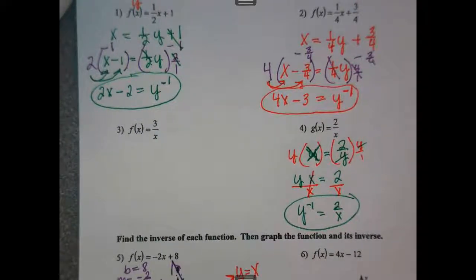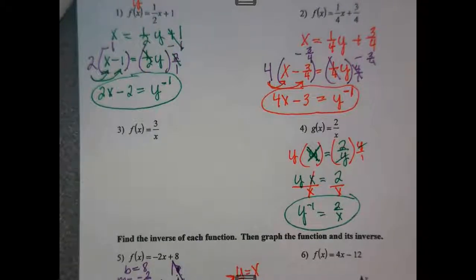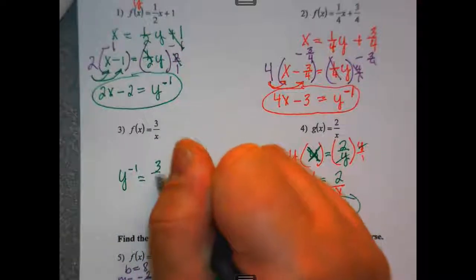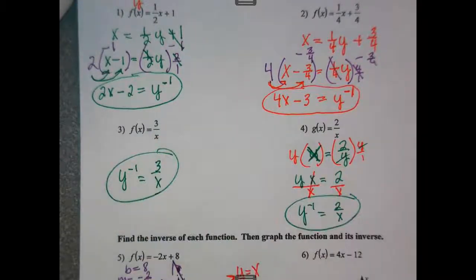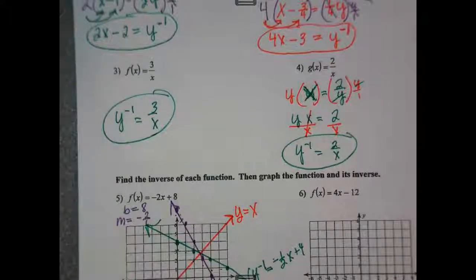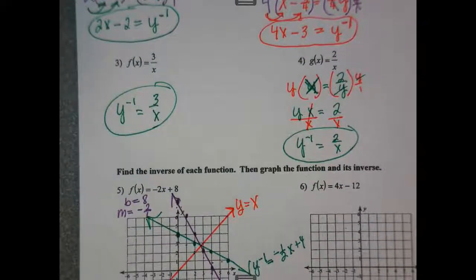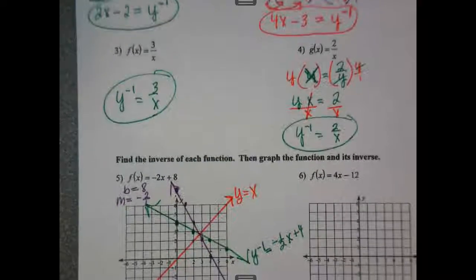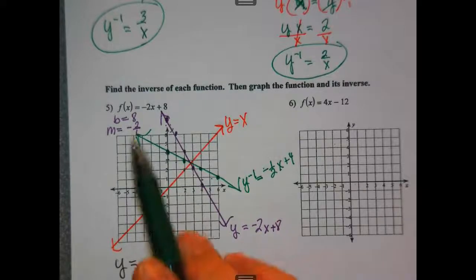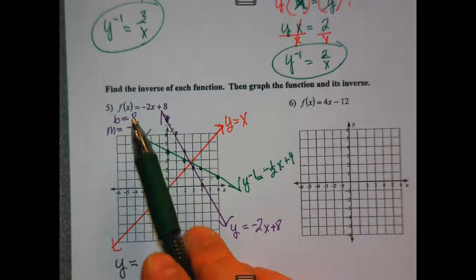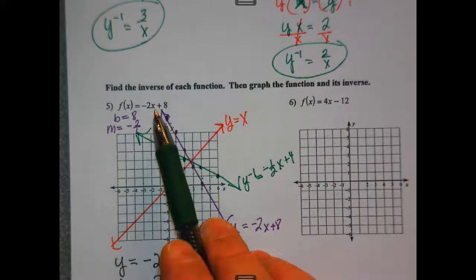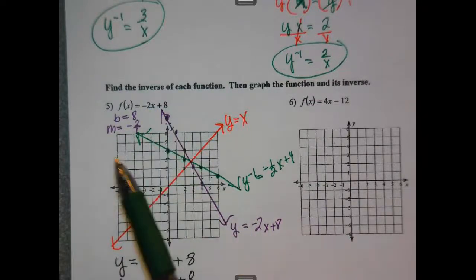So number 3, what's my inverse? All right, number 5, we did it Tuesday, right? I went ahead and graphed my original function, y equals mx plus b, or -2x plus 8.